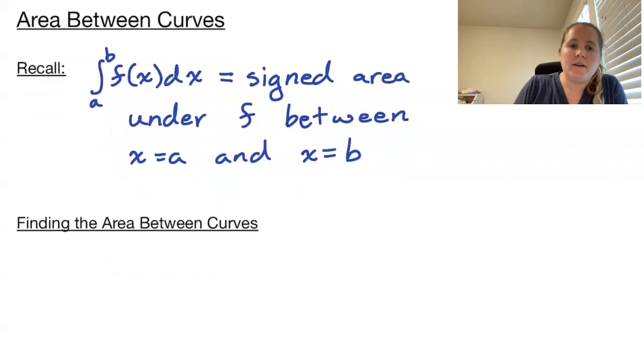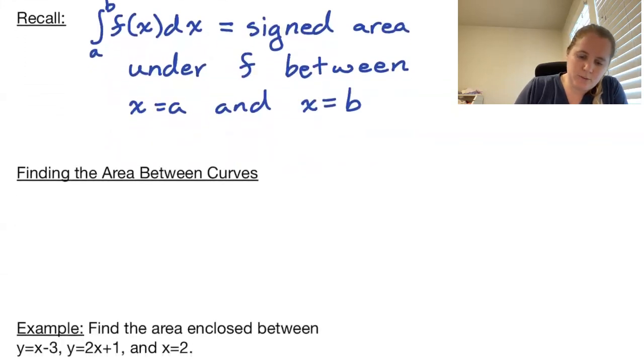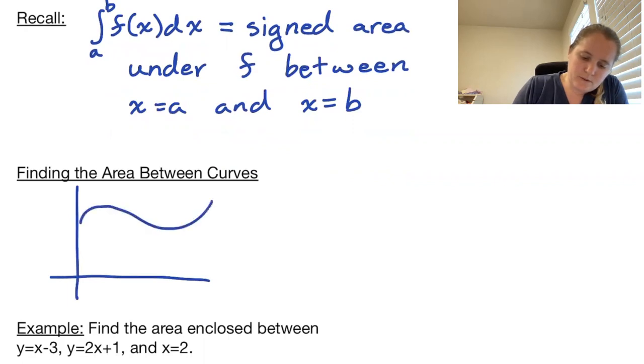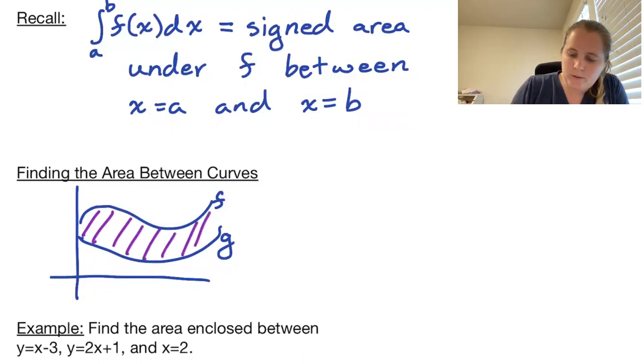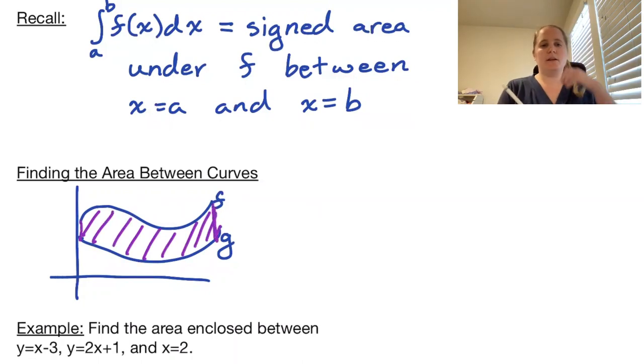So if we had two curves, if we wish to find, say, the area between these two curves, right? If we want this area, presumably what we could do is find all the area under f, and then subtract the part we don't want that's just under g as well, right?